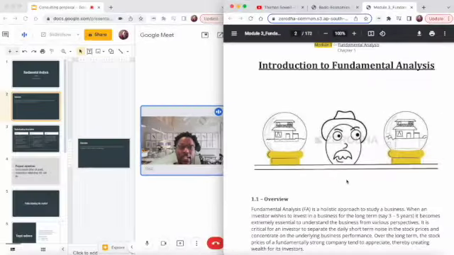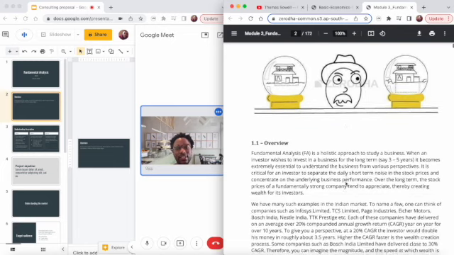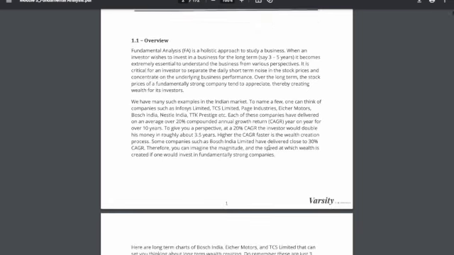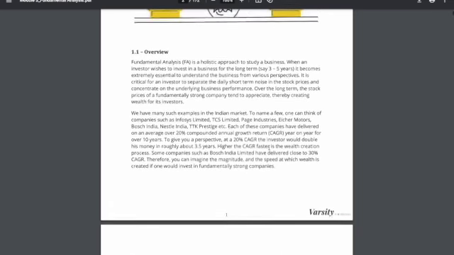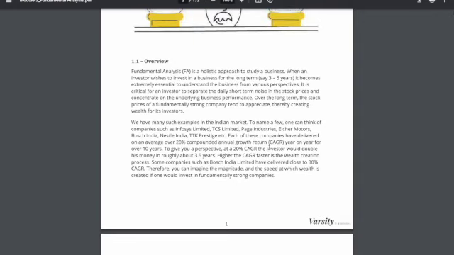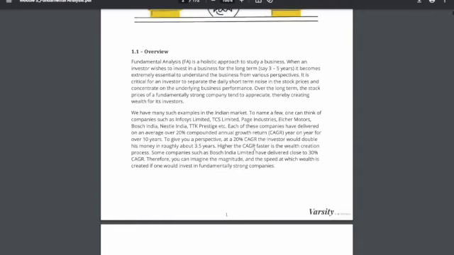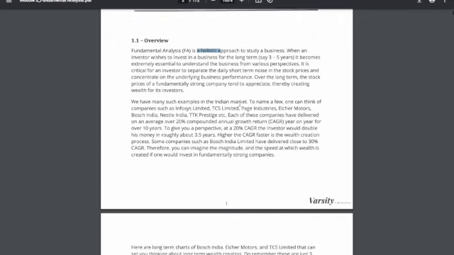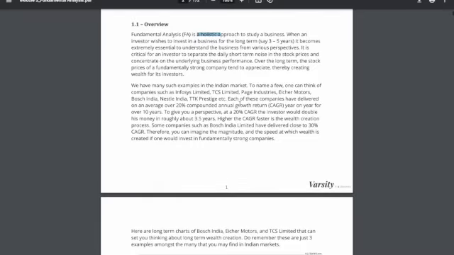All right, introduction to fundamental analysis. The overview. Fundamental analysis is a holistic approach to study a business. So now we're combining technical analysis with the strategy of using fundamental analysis to take this holistic approach to studying stocks.